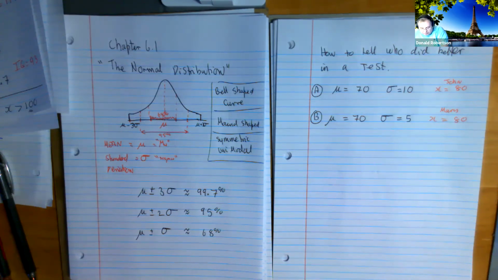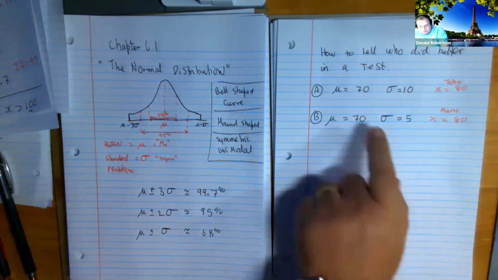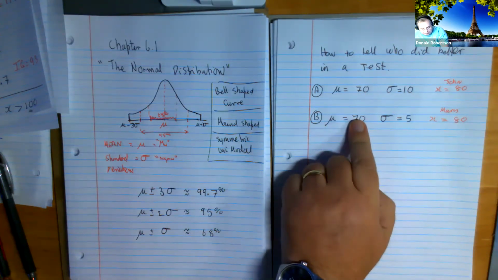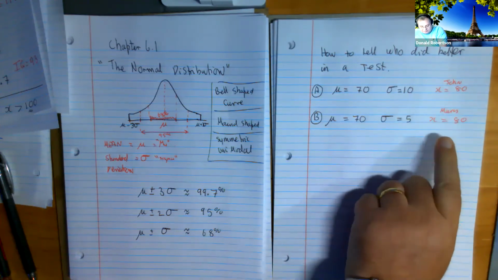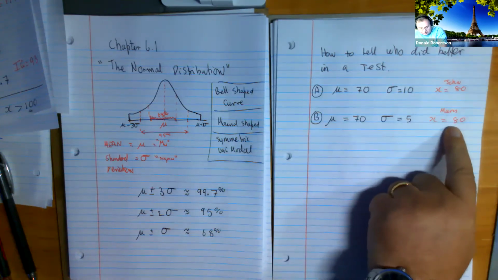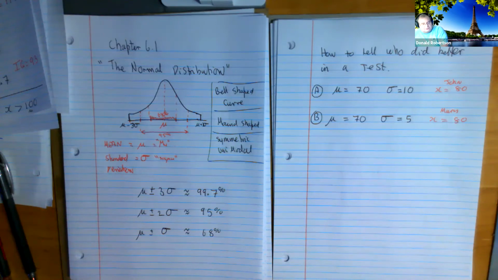John said, hey, we both got 80. We both did equally good. You weren't better than me, you weren't worse than me, you got 80. And his argument was, well, the averages in both classes were the same. So getting an 80 in my class was just as hard as an 80 in your class.